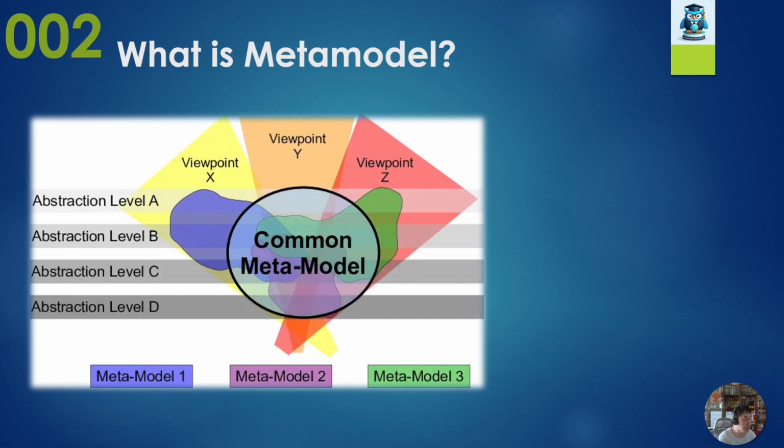As you can see, no matter which industry, when you build your architecture landscape or architecture framework, you may have different levels of architecture. Commonly we call that the abstraction level: A, B, C, D.